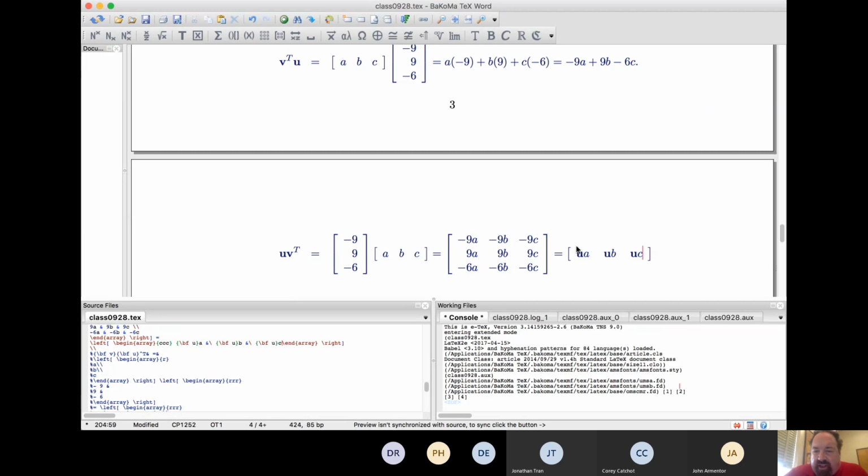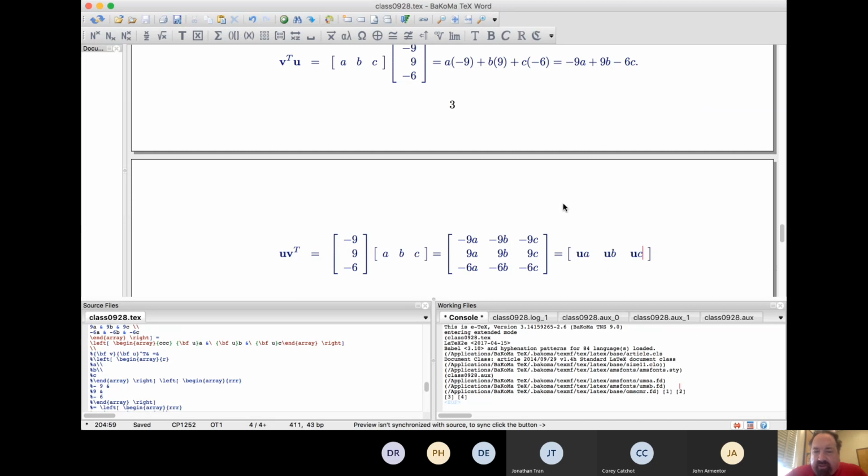It's like you're taking the vector u and tiling it based on the size of the second part of your outer product. The individual entries of that second part are multiplying what you're tiling.